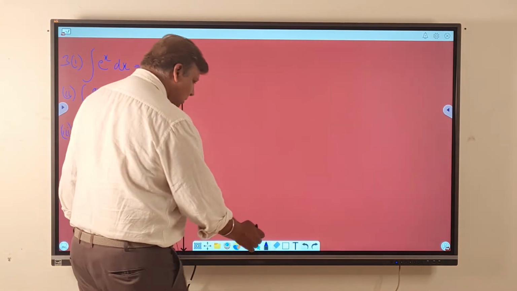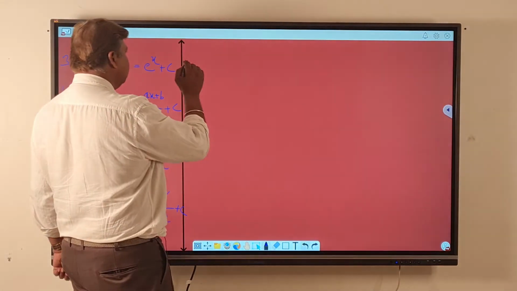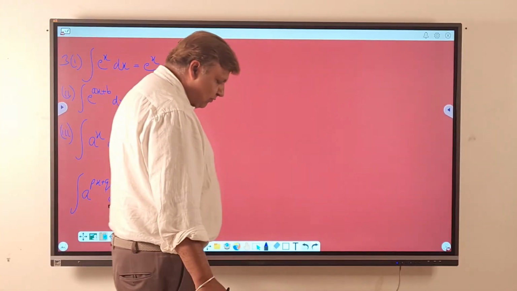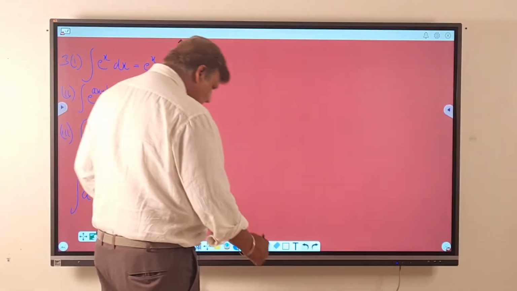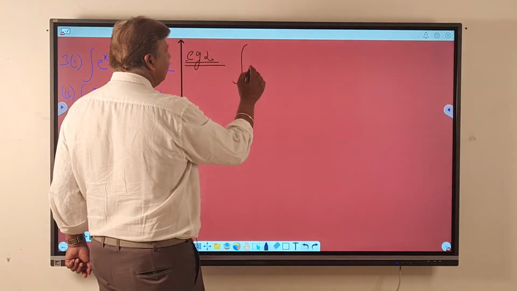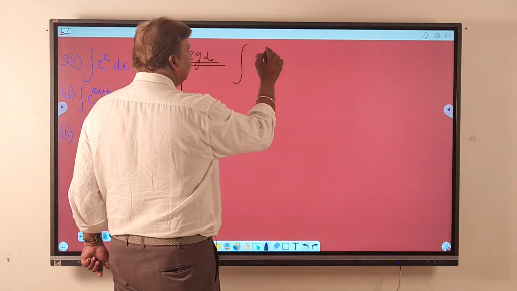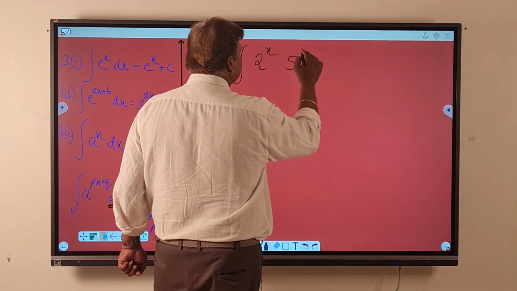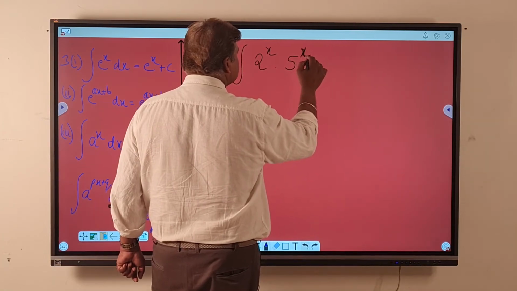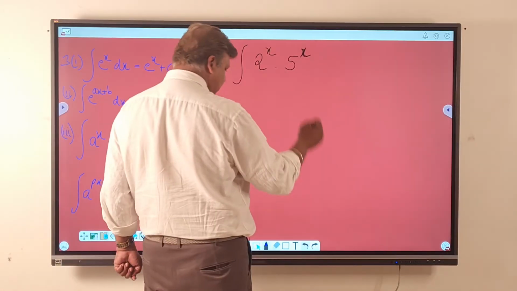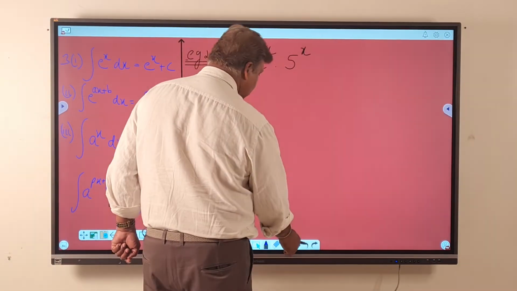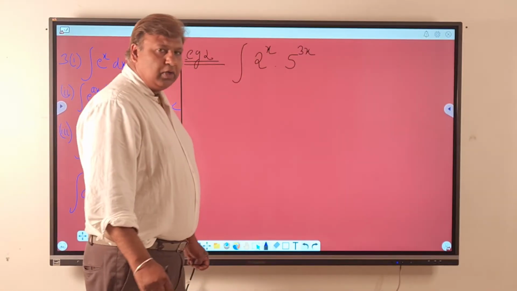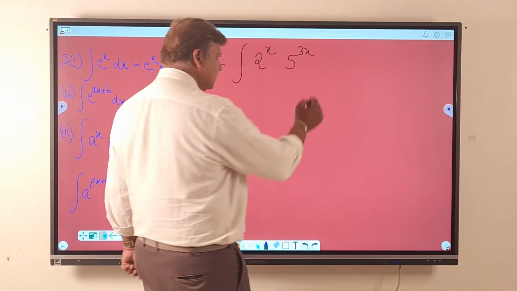So the next question is also from the same category, example 2. And let this time we have 2 raised to power x into 5 raised to power 3x, dx. How would you handle this?